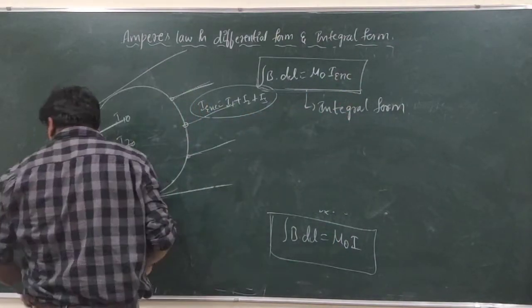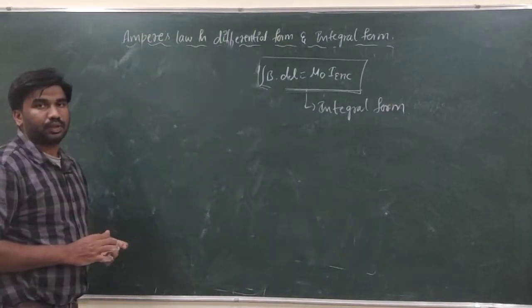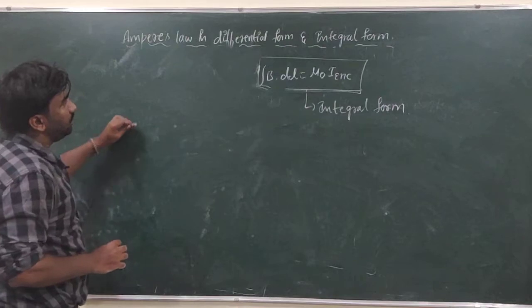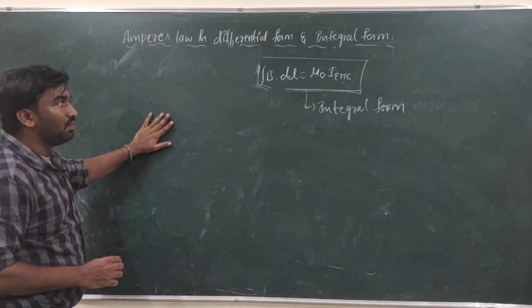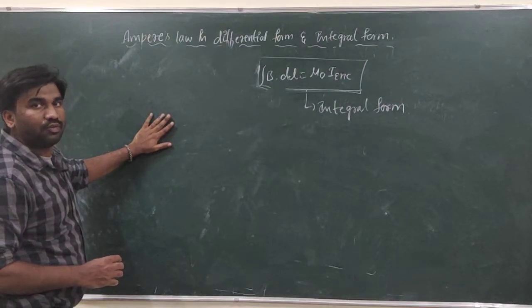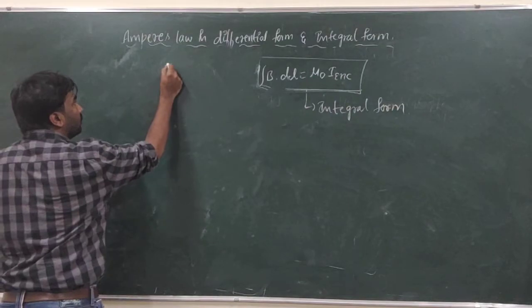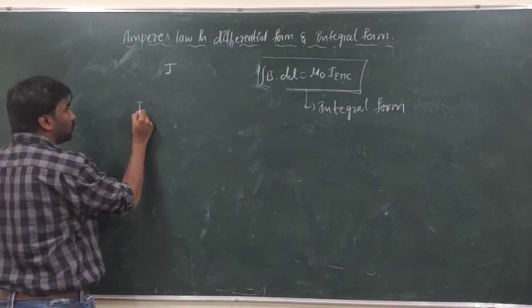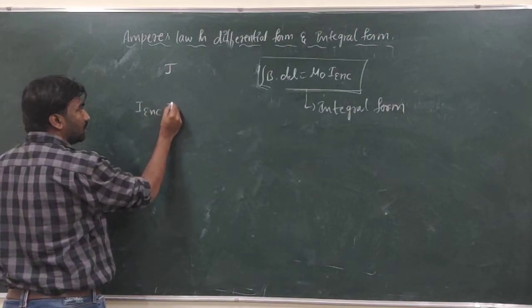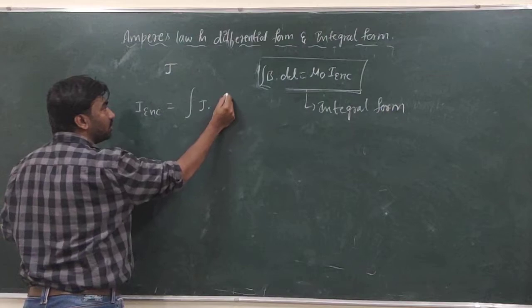Okay, let's see. Suppose our flow of charges is taken to be a volume current density. If our flow of current is taken to be a volume current density J, then this I enclosed is equal to the integration of J dot dA.